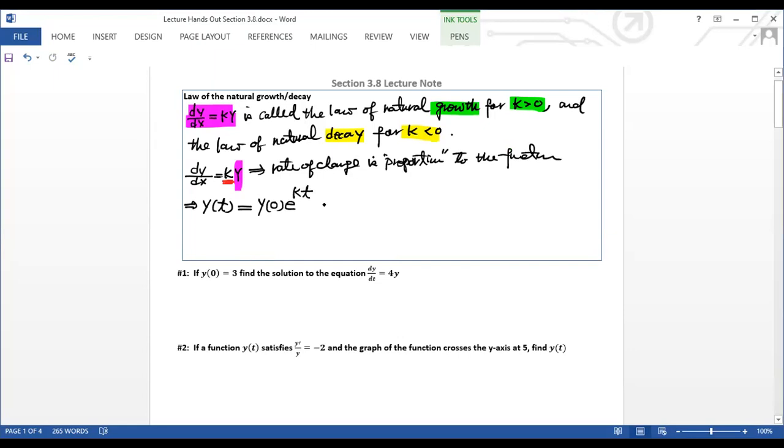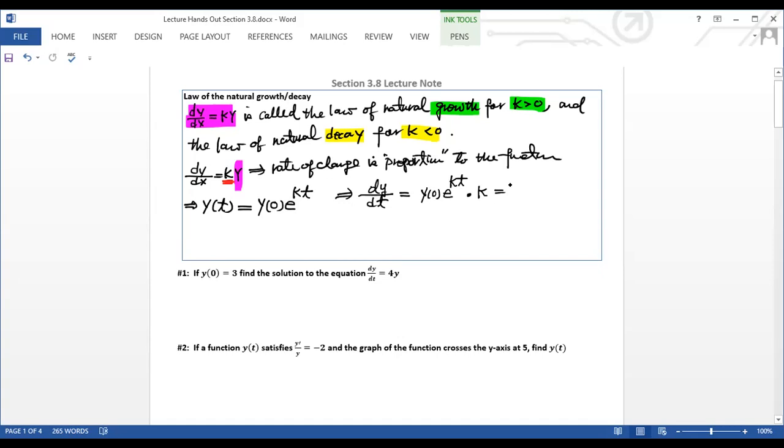So let's take a look to see whether this is true or not. If I take the derivative on both sides, I will have dy/dt here, right? Because y0 is a constant, it is still here. And for the exponential, we know the derivative is itself, and then you use the chain rule, which gives k.